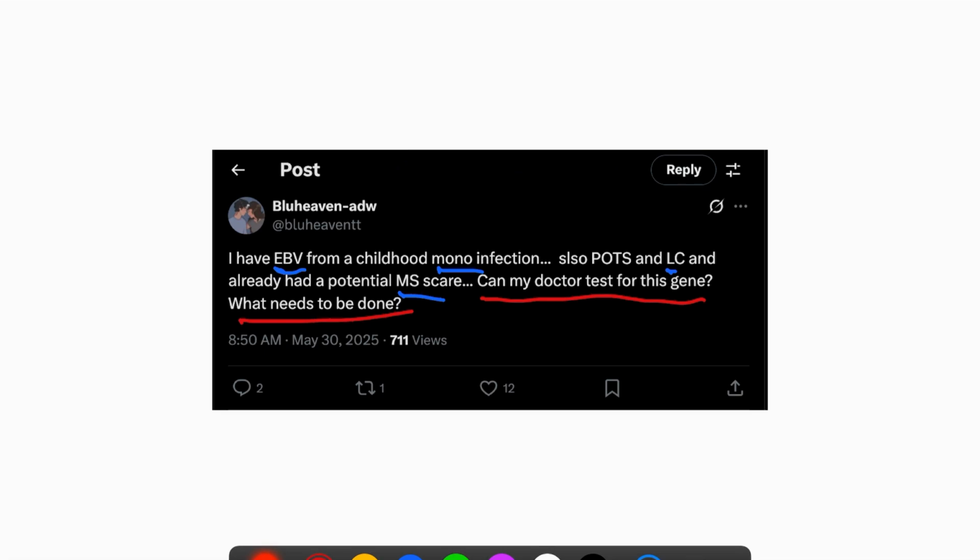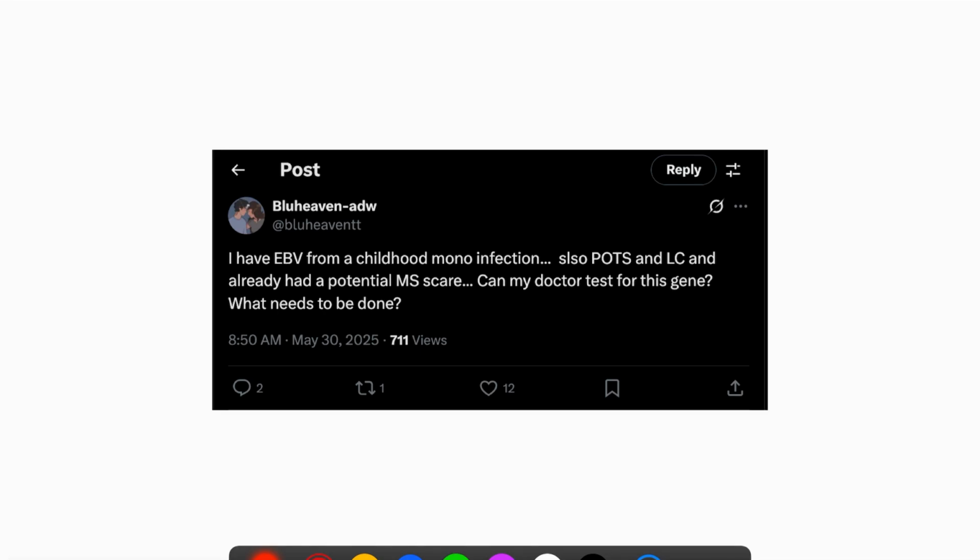But what I would say is if you have an array of chronic conditions and you have a documented case of mono, or you may think that you have EBV reactivation issues where you have this robust chronic inflammation, there are tests that your physician can perform to determine whether or not you have EBV reactivation in your blood.